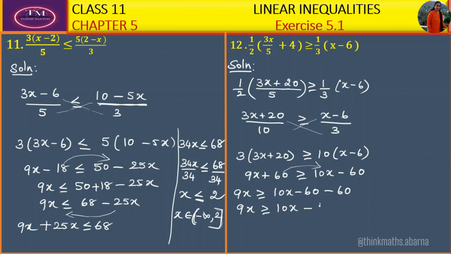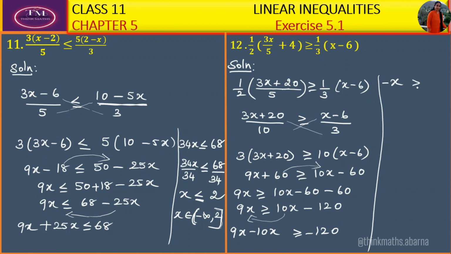So 60 plus 60 is 120. Now bring this 10x to the right side. So it will become 9x minus 10x greater than or equal to minus 120. What is 9x minus 10x? 9x minus 10x is minus x, greater than or equal to minus 120.